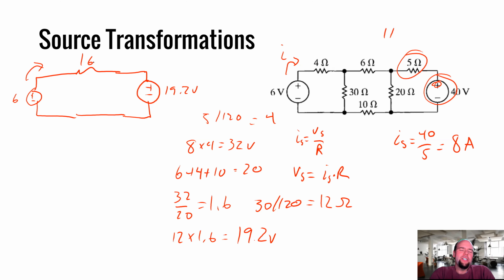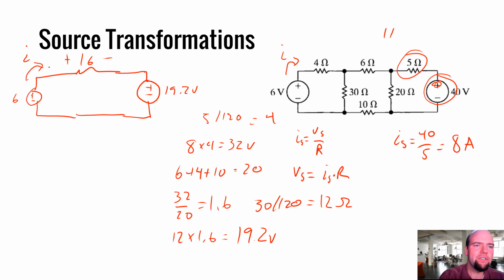And we could find this current. It's fairly easy to find this current right now because the current flowing in this direction is going to be the voltage across this resistor divided by 16.